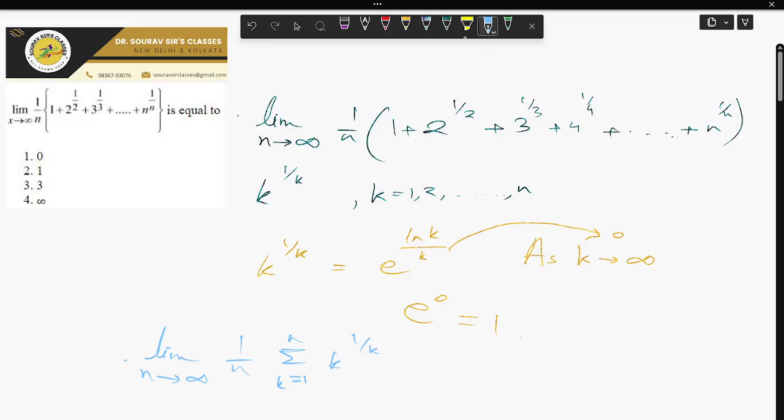So the average of these terms will also converge to 1.